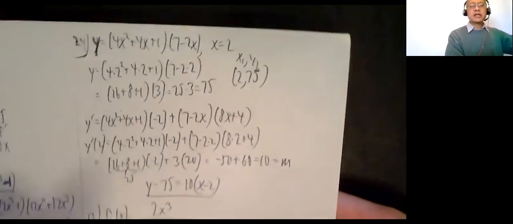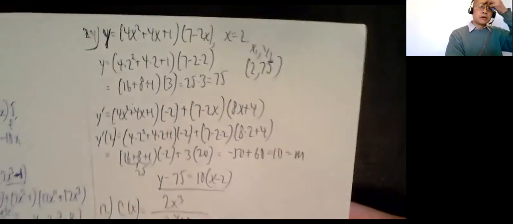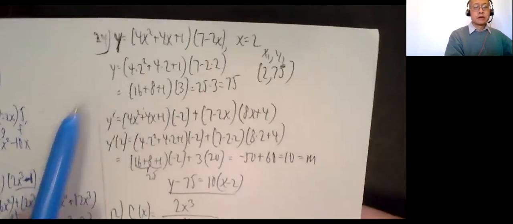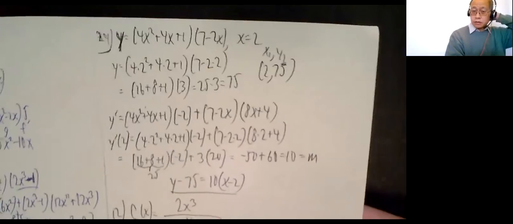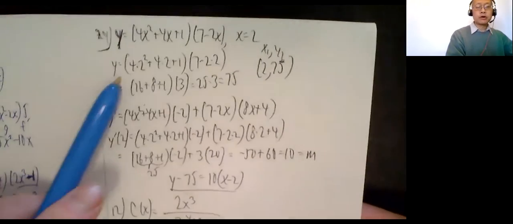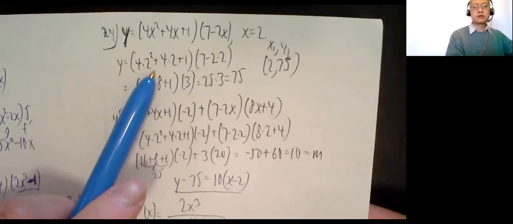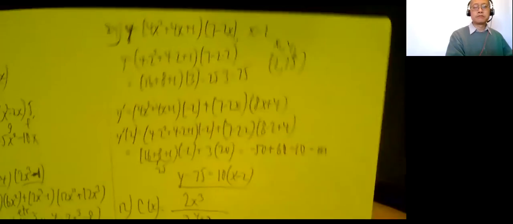Now, notice this time they did not give me the y value. How do I get the y value? I plug it in. So put 2 right there, and right there. So 4 times 2 squared plus 4 times 2 plus 1 times 7 minus 2 times 2.